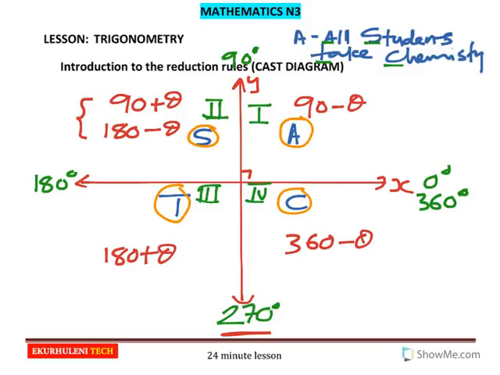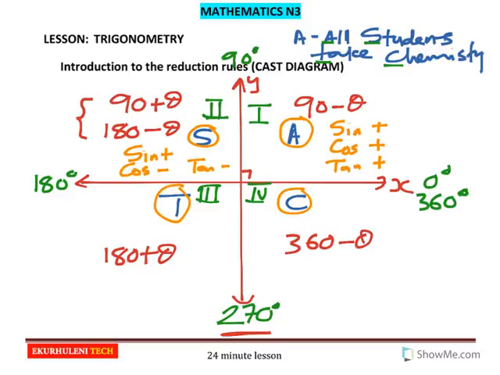Now, what does this CAST diagram mean when you say all students take chemistry? By all, we are saying here sine is positive, cos is positive, tan is positive. All of them are positive in the first quadrant. By saying S for students, it only means sine is positive, cos is negative, tan is negative.